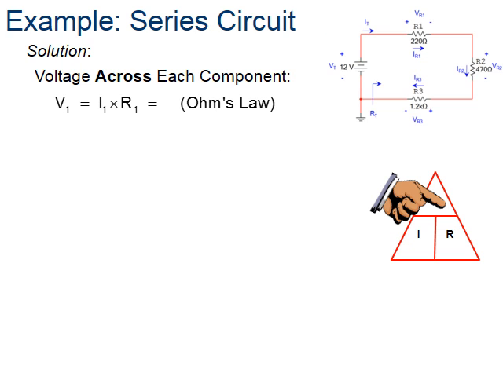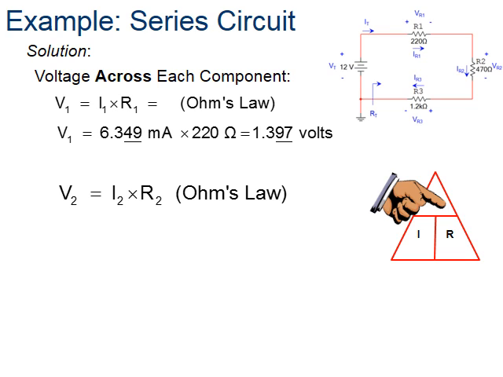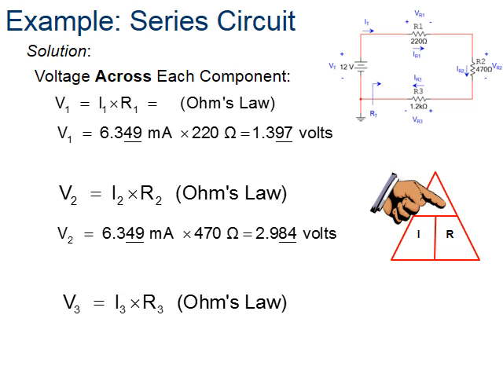But we also want to know the voltage across each component. And here we can use Ohm's law. But let's take a look at each component. So at the first resistor, we just apply Ohm's law. We have 6.3 milliamps times 220 ohms, and we get 1.4 volts. That's at R1. So at R2, we plug in the current.